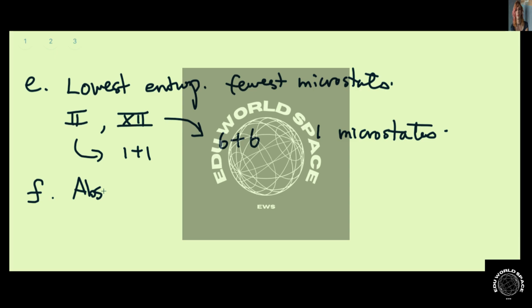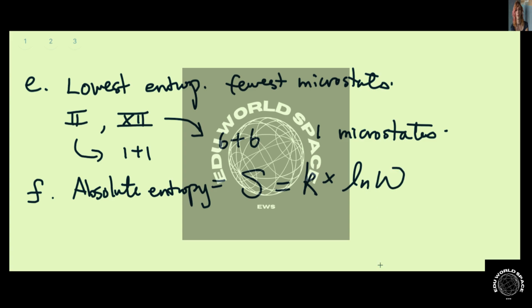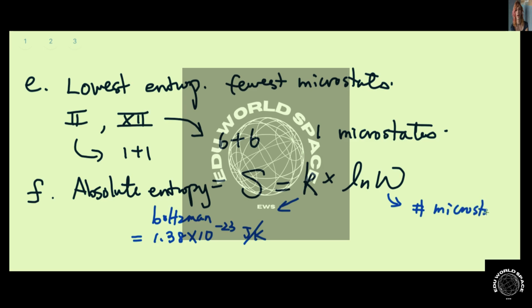The absolute entropy is S equals k times ln W. In this equation, k is the Boltzmann constant, equal to 1.38 times 10 to the minus 23 joules per Kelvin, and W is the total number of microstates.